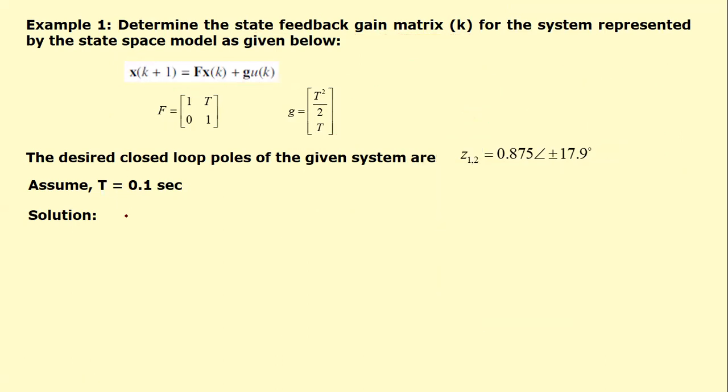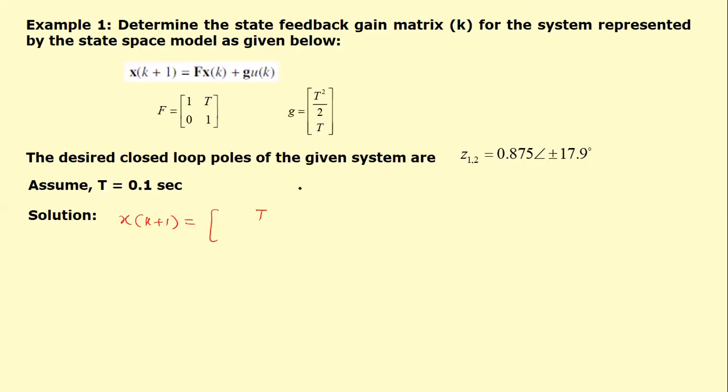Now, the given system is x(k+1) is equal to [1 T; 0 1] x(k) plus [T²/2; T] u(k).